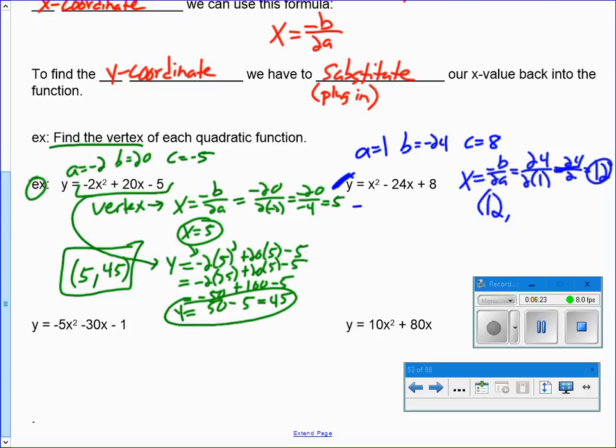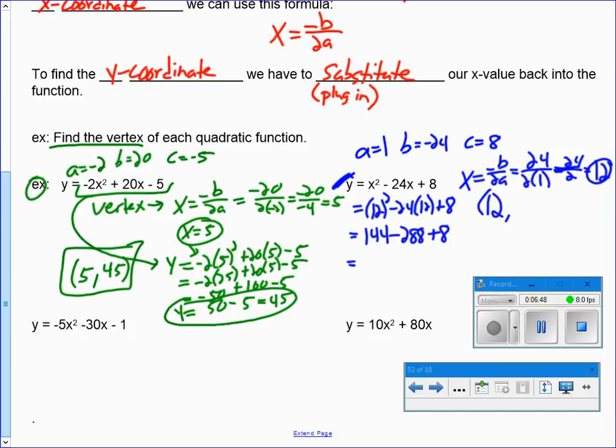Now to find the y value, I'm going to plug the 12 in for x. So 12 squared would be 144, minus 24 times 12, which is 288, plus 8.